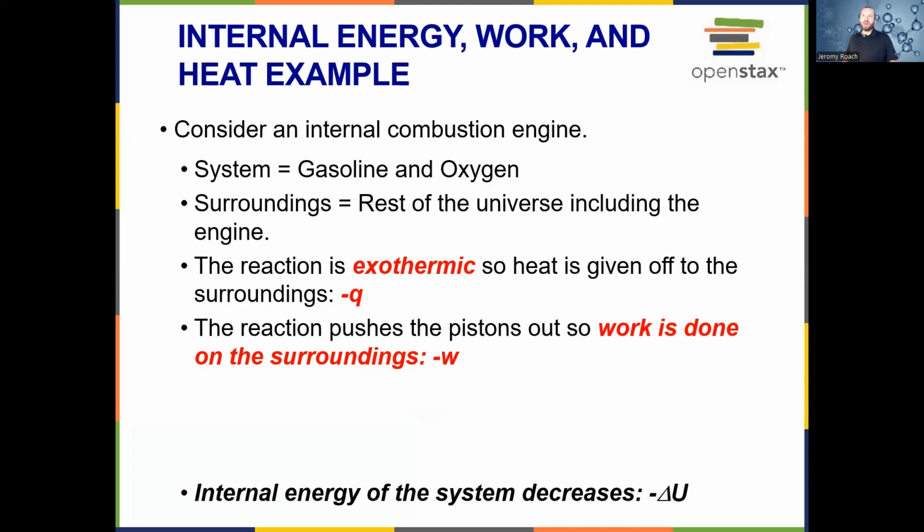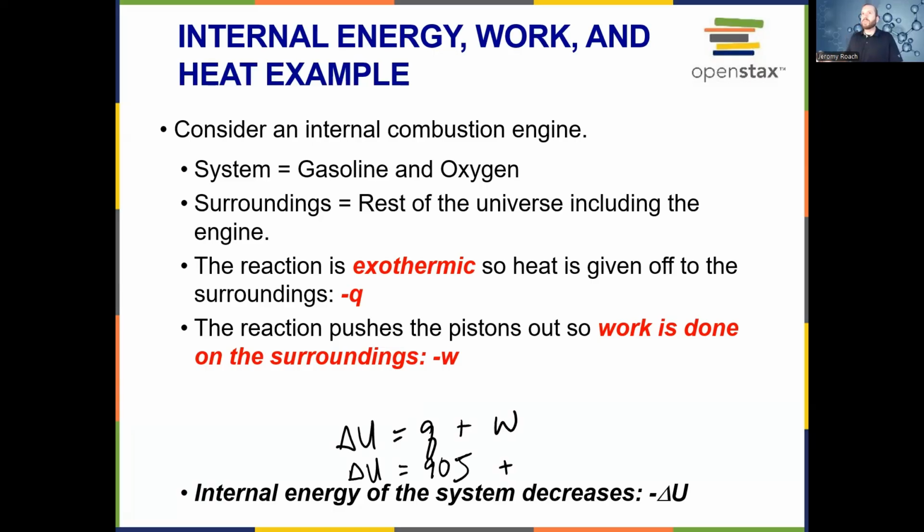If we suppose a system absorbs 90 joules of heat and does 45 joules of work on the surroundings, we can calculate delta U, or the change in internal energy. So delta U equals heat plus work. If a system is absorbing 90 joules of heat, then Q is going to be 90 joules.